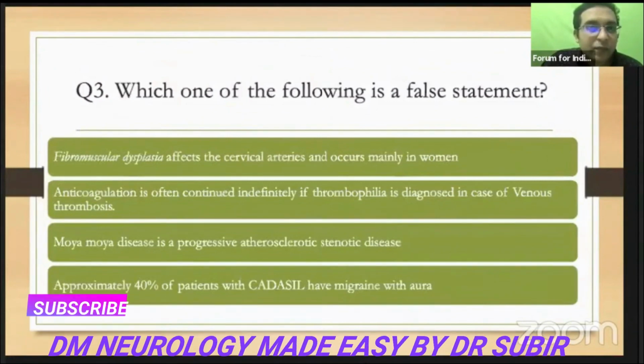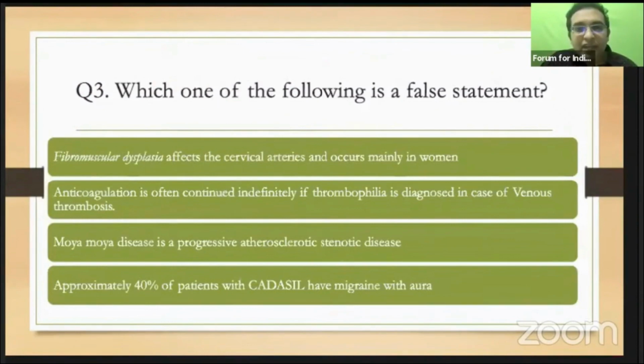So the next question would be, this is actually what we had failed to discuss last time. Some rare causes of stroke, which are a very high yield topic these days. So you can take your time and try to answer this: whether fibromuscular dysplasia affects the cervical arteries and occurs mainly in women, whether it is a female predominant disease; whether anticoagulation is necessary to be continued lifelong in case of venous thrombosis when we have a thrombophilia; Moyamoya disease is a progressive atherosclerotic stenotic disease.